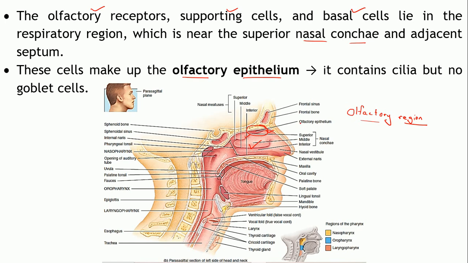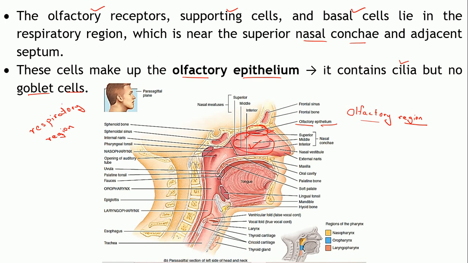Okay, so this particular olfactory epithelium will also contain the cilia, but here the goblet cells are absent. So, no production of the mucus. So, these goblet cells, where are they present? They are present in the respiratory region, that is in the lower portions.